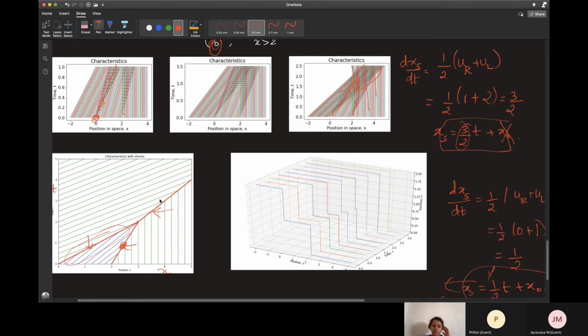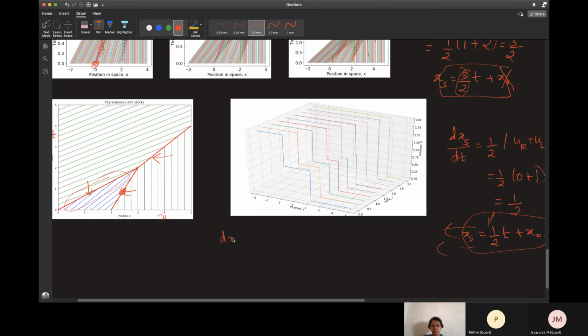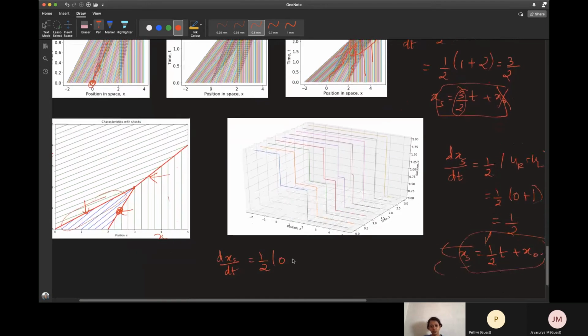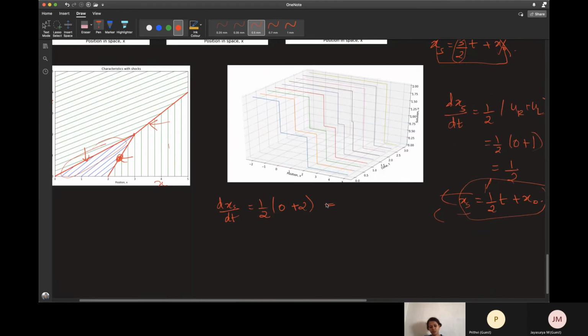Since these two shocks intersect, we have the formation of another discontinuity. So we need to evaluate the slope of this discontinuity as well, which is again half into, to the right of this discontinuity we have u equals 0, and to the left of this discontinuity we have u equals 2. So this is just 1. X is equal to t.